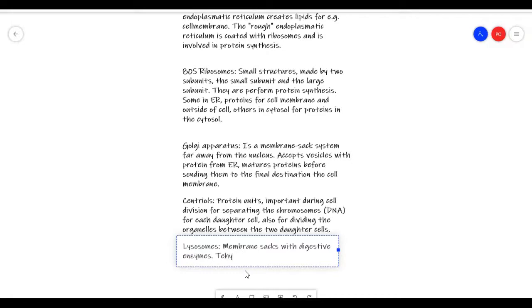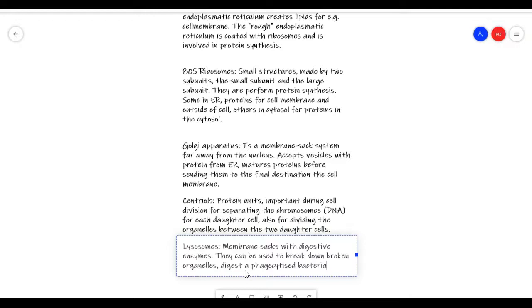They can be used to break down broken organelles, digest phagocytized bacteria.